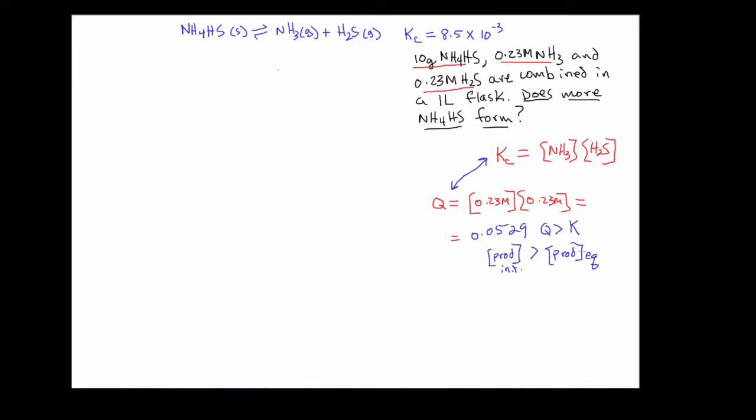And I'll write it this way. So what that means is that the reaction must shift left to get to equilibrium. So the short answer here is yes. More NH4HS is going to form.